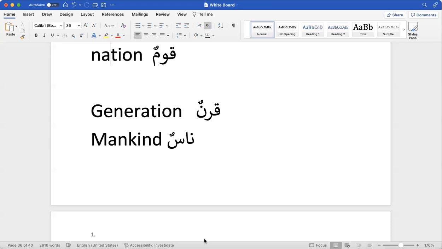Then try to find whether it is light or heavy, flexible, non-flexible, or partly flexible. And see its number. Is it singular or plural? Is it looking like una, ina, or atun, atin? Is it human plural or non-human plural? Is it looking like a broken plural like masajid?